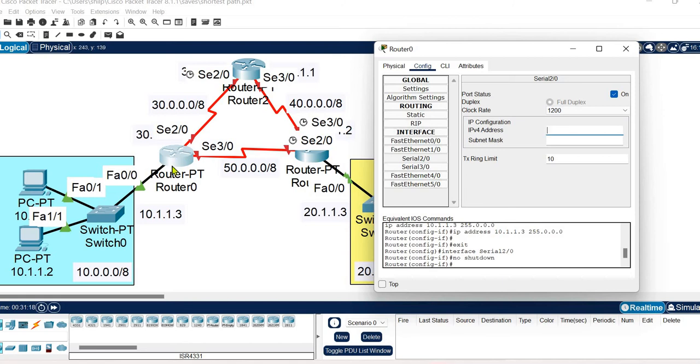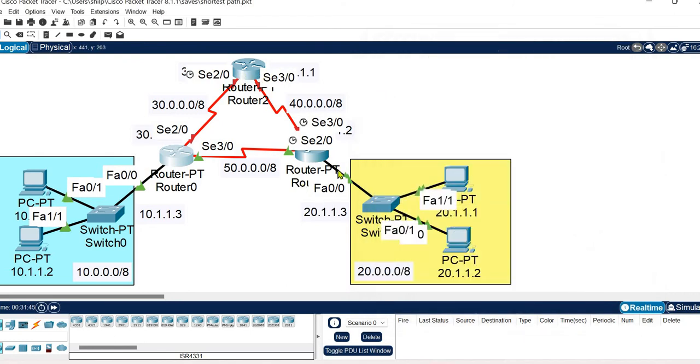As it is the first, we are considering it as the first host of network 30, so the IP address is 30.1.1.1, and done. For serial port 3/0, it is connected to network 50, so let's provide the IP address that belongs to network 50, 50.1.1.1. This router is configured for both of its direct interfaces.